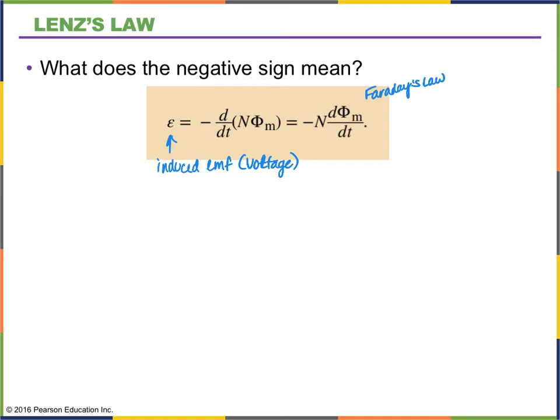So that was the general gist of what was covered in the previous video, but we never talked about what that negative sign means. And that negative sign basically is addressed with Lenz's law that tells us the direction of the current.